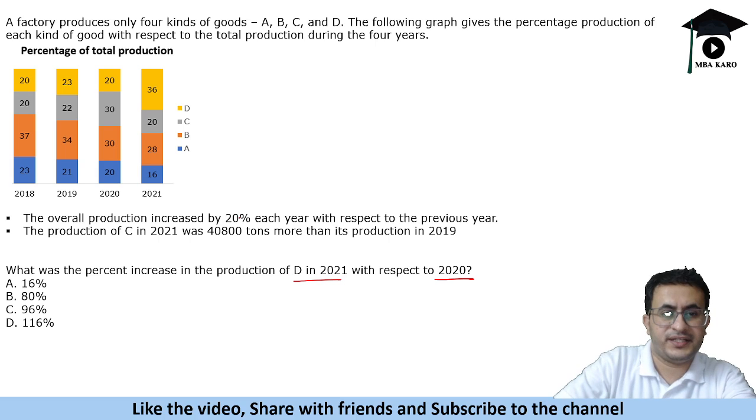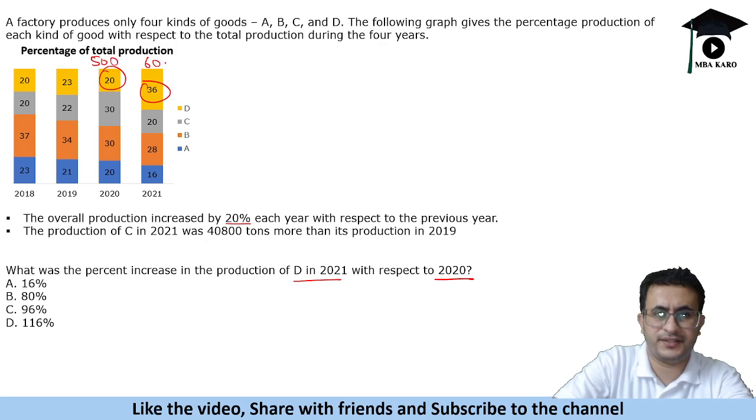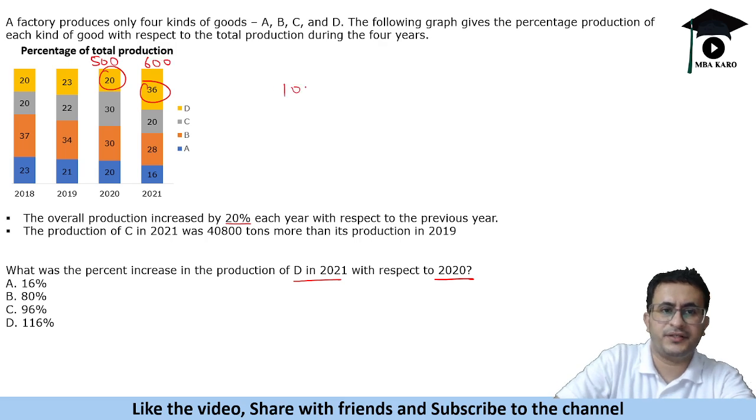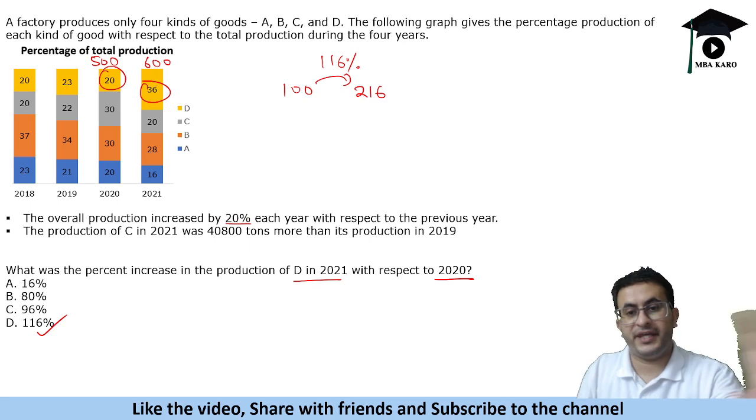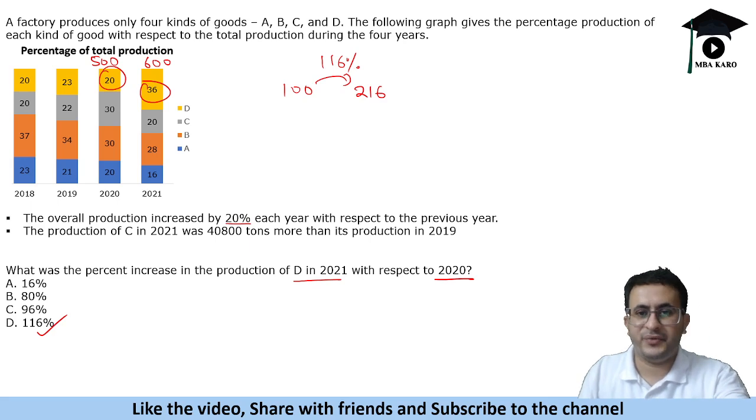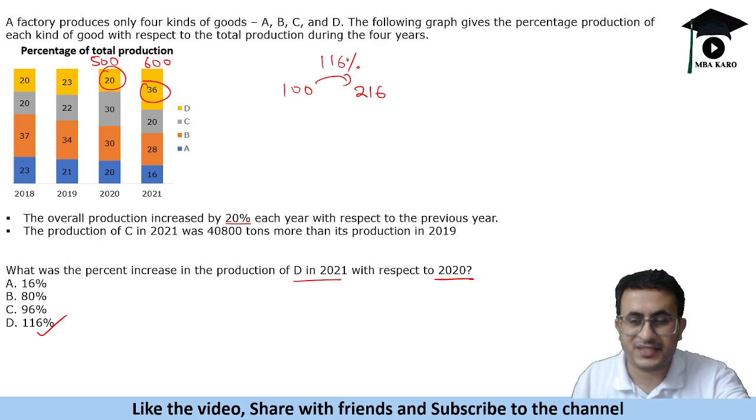So let us say we assume the total value as 500 and 600. So D here is 100, okay, and 36% of 600 is 216, an increase of 116%. You can take any value, you can take 100, 120, you can take the actual value, putting x, you will get the same result.